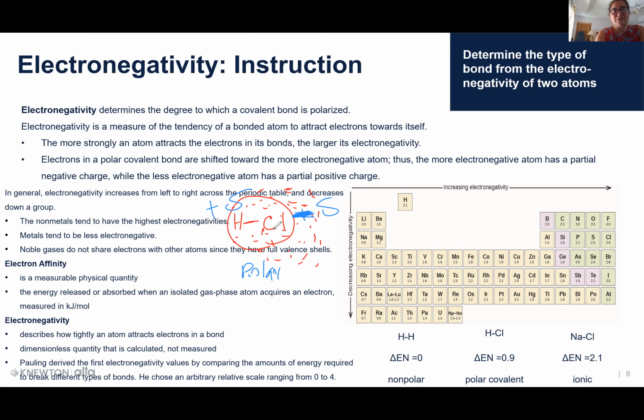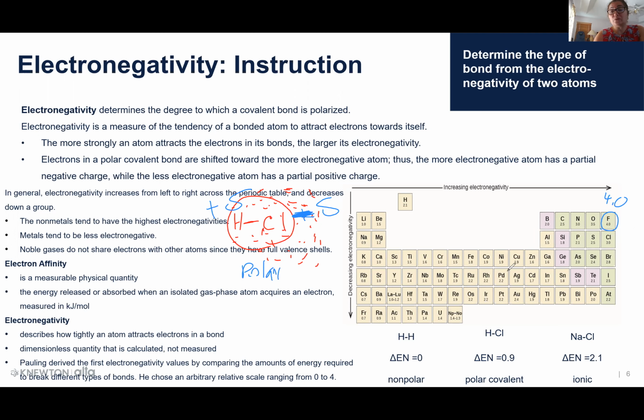Electronegativity is like how much they like to have the electrons. These numbers are not a measurement, it's just a comparison. Fluorine has the highest, which is 4.0, and everything else is compared to fluorine. The numbers are between 0 and 4.